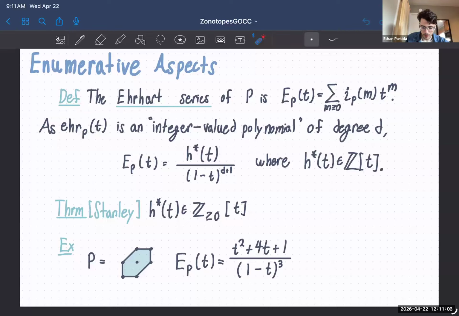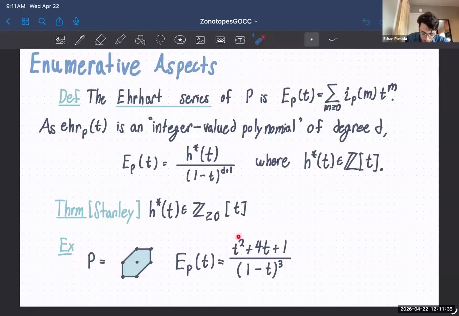And then there's another beautiful theorem, this time due to Stanley, that this numerator is actually a polynomial with non-negative integer coefficients, which isn't true for just some arbitrary integer-valued polynomial's generating function. And so here's an example. Turns out when you do this expansion of this Ehrhart series of this polytope, you get this rational function.